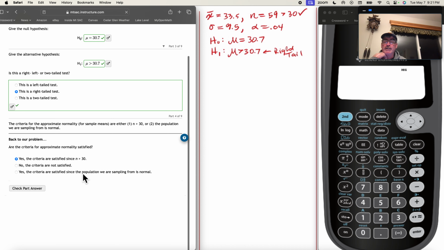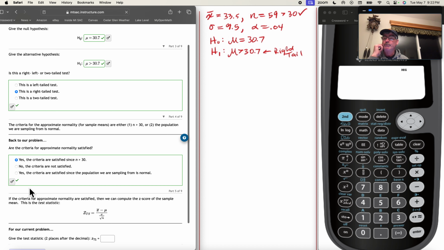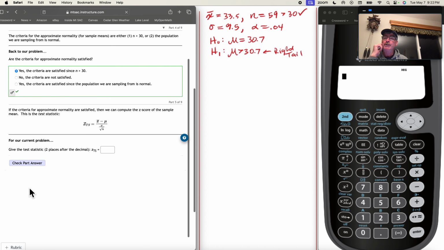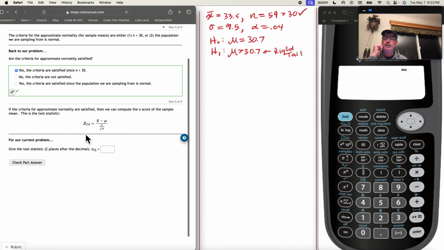There's also a check you can choose for when the population you're sampling from is normal. Anyway, we're okay here. And then at some point we need to compute this z-score. It's just the z-score of your sample mean to see how many standard deviations that it lies from the population mean. So we'll go ahead and do that here.